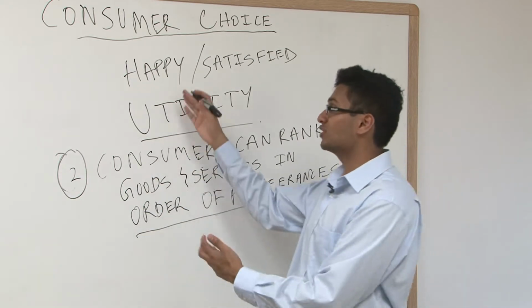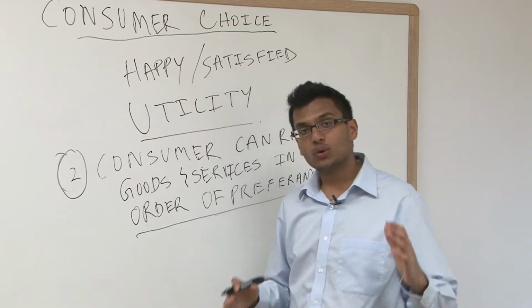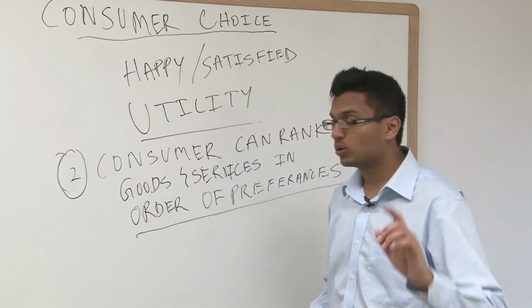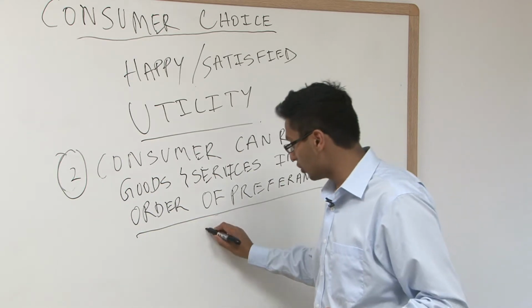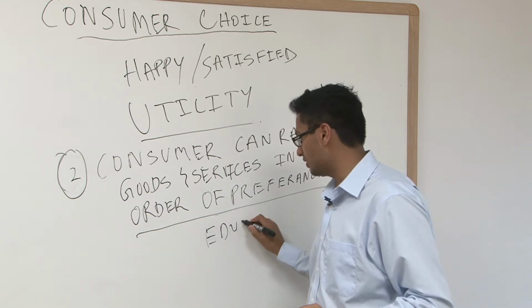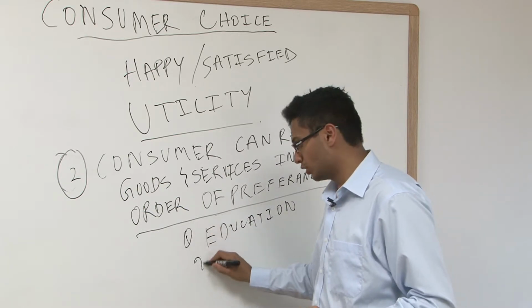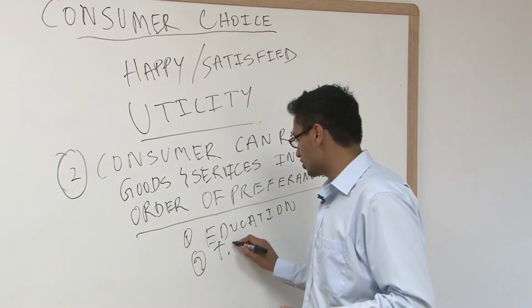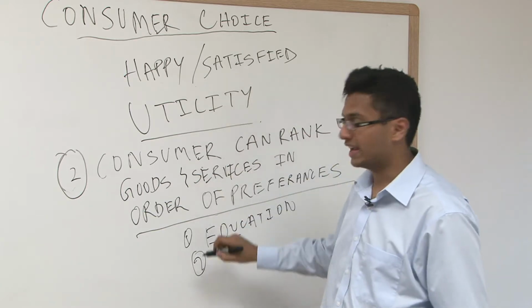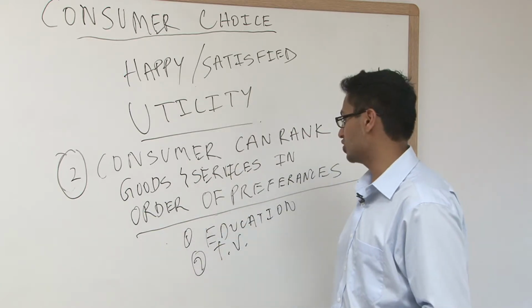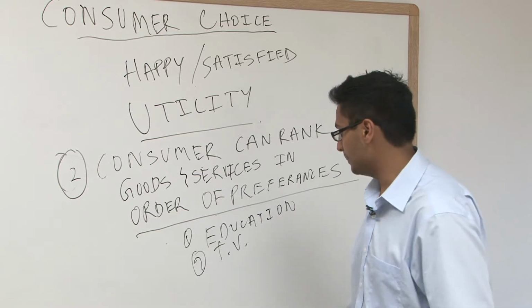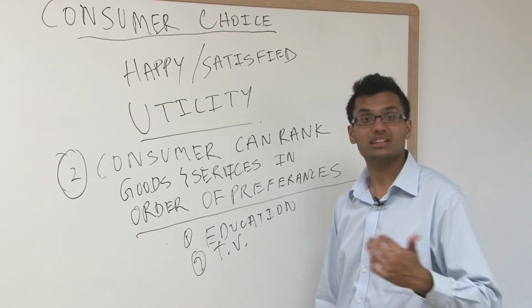The most amount of happiness you can get is the fact that we can say on paper that, okay, you as a person prefer education as number one bucket, or 2 is TV, right? So based on this, we can tell you, okay, he's going to be most happy with education, next happy with TV, right?